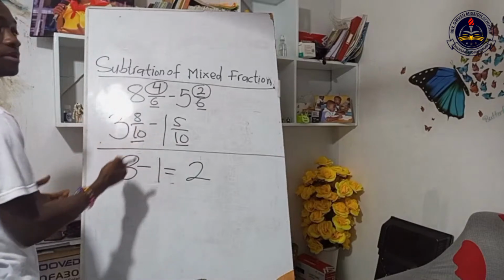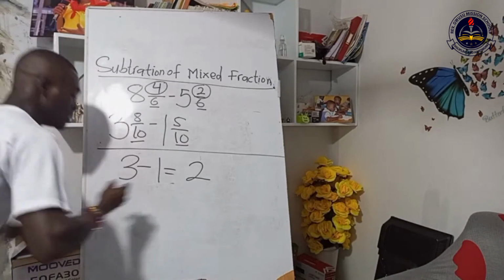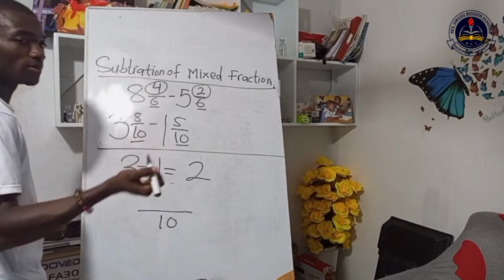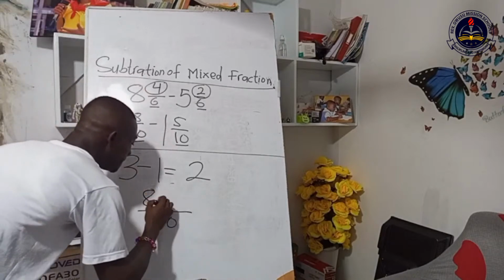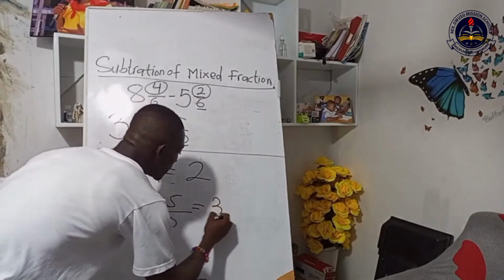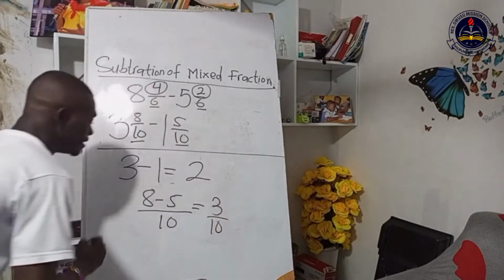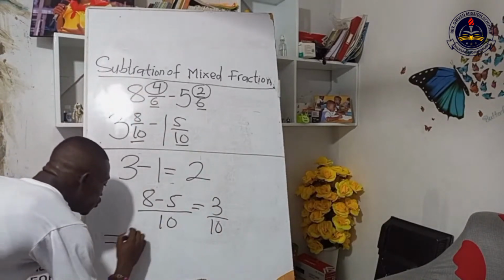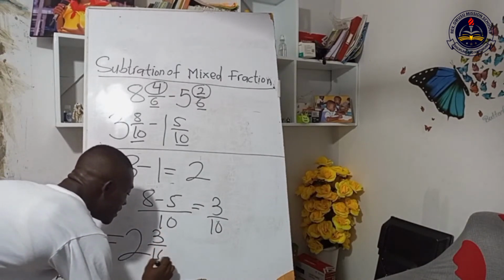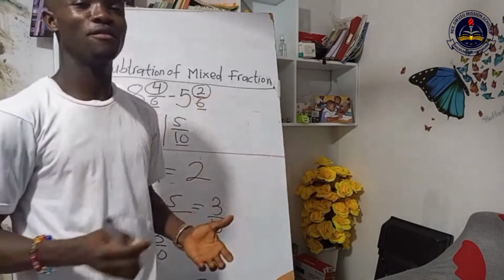As we know, the denominators, the down numbers, are the same, so we pick only one, which is 10. Then we subtract the top numbers, which is 8 minus 5, also giving us 3/10. So our answer here will be 2 whole number 3/10.